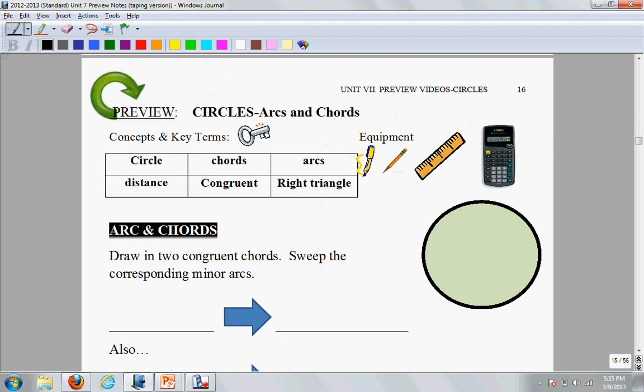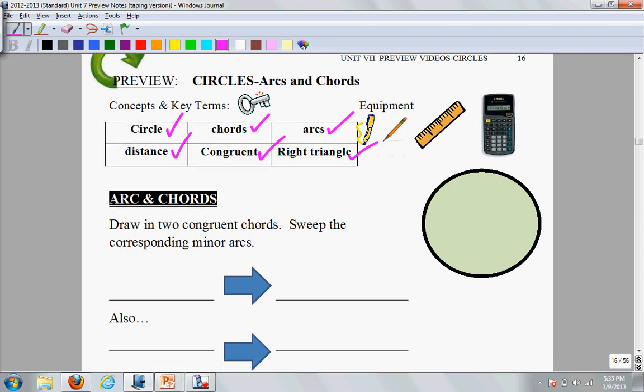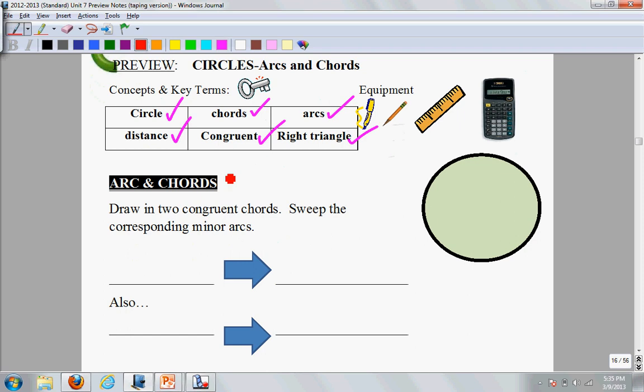Okay, let's see what we're focusing in on today. Your vocabulary today, we're going to be talking, of course, about circles, chords, how chords and arcs interact, the concept of distance, congruent, and of course, the infamous right triangle. It says right here, draw in 2 congruent chords, then sweep the corresponding minor arcs.